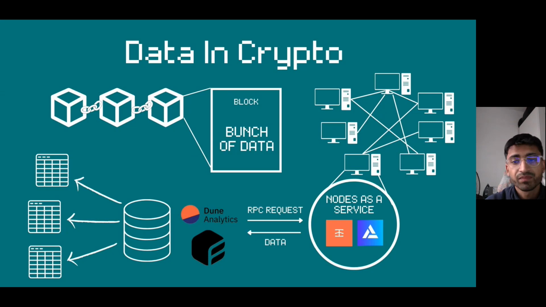Every entity that stores the database verifies new information that comes into the database. You usually call these entities nodes. So what you have is a distributed network of nodes that communicate with each other.